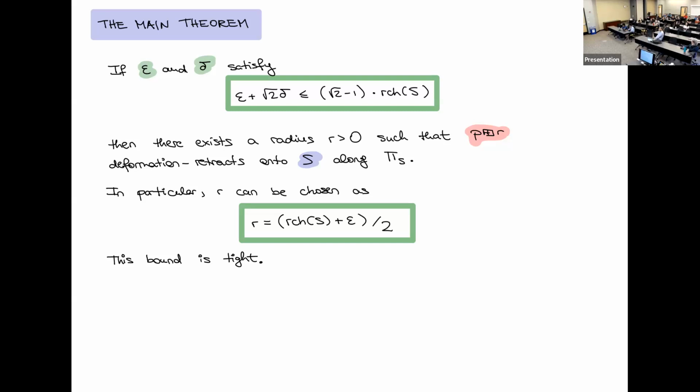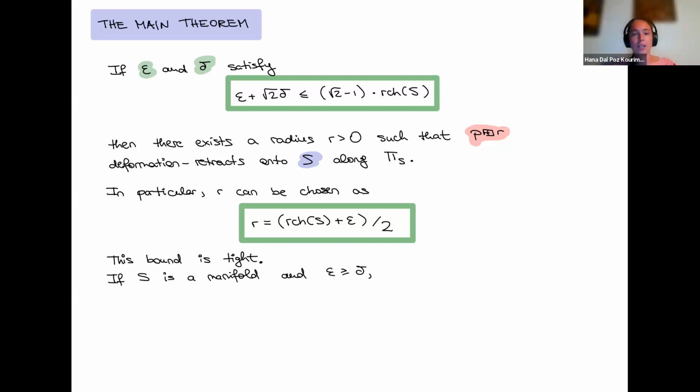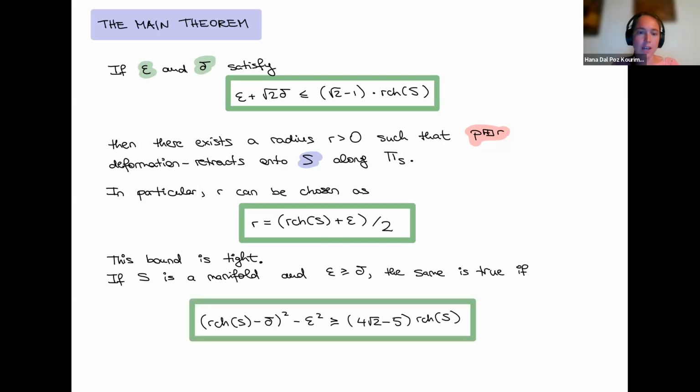We furthermore proved that if we add an extra condition on S, namely if S is a manifold, and a condition on epsilon and delta, then the same holds for a better bound. And this bound is also tight. We also have a counterexample that demonstrates this tightness, but I will not demonstrate it to you today.